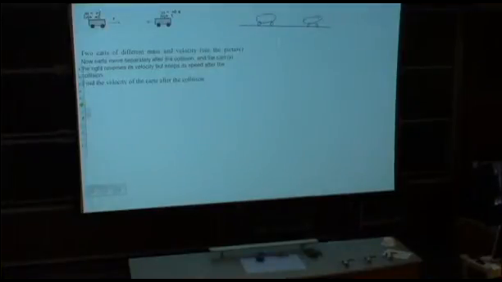After the collision, the carts changed the shape. Now they're oval. We don't know this velocity. And what we know is this velocity.